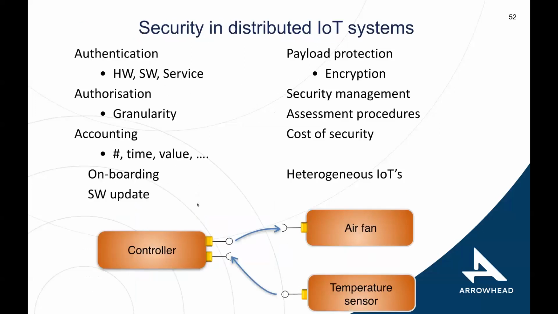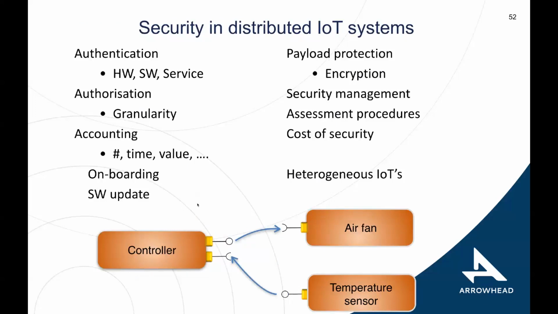There are other things that are necessary. We need to handle security. Who is allowed to talk to whom? We need to authenticate hardware, software, and the services. We need to authorize who is allowed to get what data and maybe what part of data. We need to do some accounting on that.